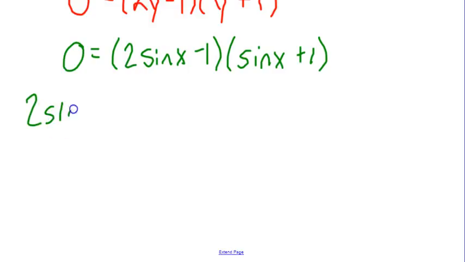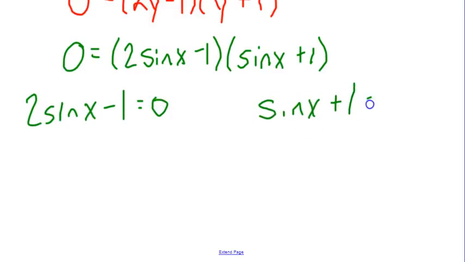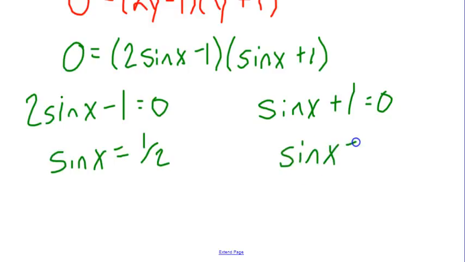So 2 sine x minus 1 equal to 0 and sine x plus 1 equal to 0. So we're looking for where sine of x is equal to 1/2 and where sine of x is equal to -1.